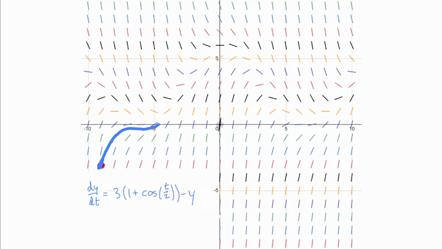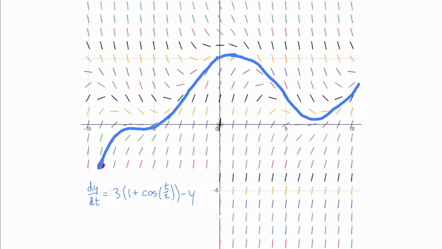A lot of this you have to just fill in on the fly in your head. Between these ones, there should be something like this going on. So I'm going to come through these ones and should do something like this. Okay, so that's our first solution curve.